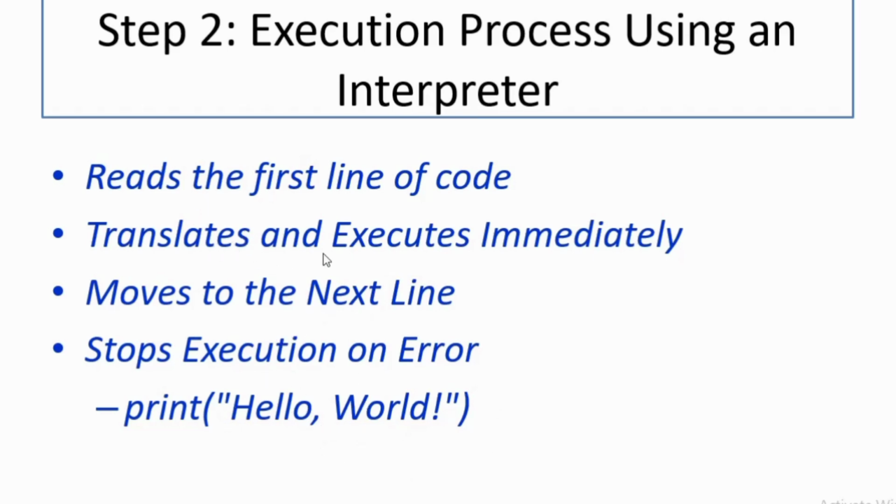Next, it translates print hello world into machine code and executes instantly. If there were more lines of code, the interpreter would read, translate and execute each line one at a time. And last step, if an error occurs at any line, the interpreter stops immediately and displays an error message.